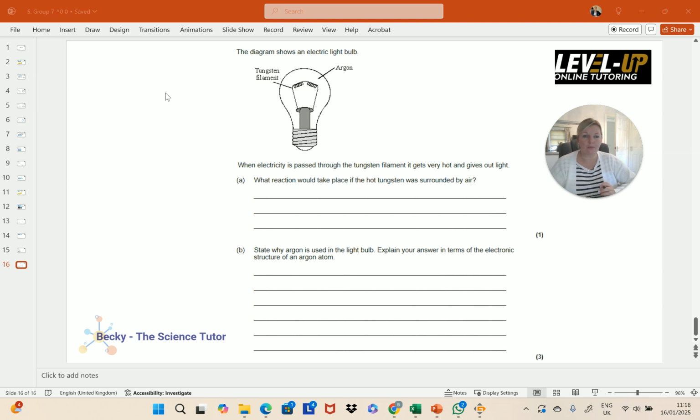If there was air in there rather than the argon atmosphere, we would have oxygen in there. There are other gases in the atmosphere around us, but we're going to have some oxygen, and that heat is going to cause a reaction with the oxygen. So what reaction would take place? Ultimately, we're going to get combustion.